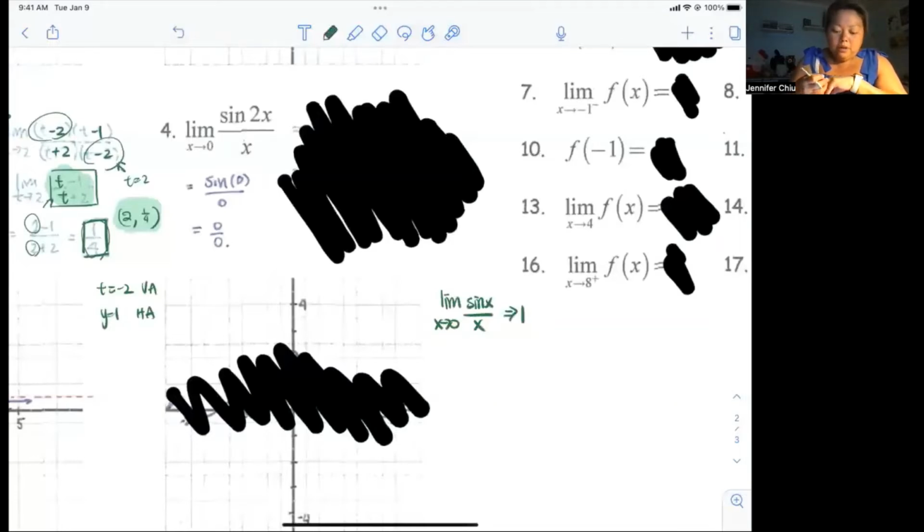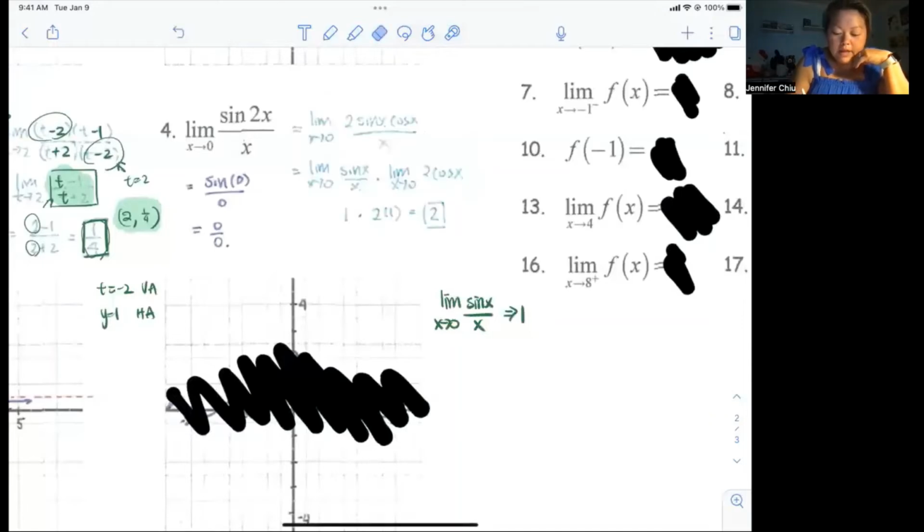So how does that help? Well, I can use that to help me solve this by breaking apart the sine of 2x function. Back in trig, you had a double angle formula, and hence that's why I'm able to change the sine of 2x here into 2 sine x cosine x, right?